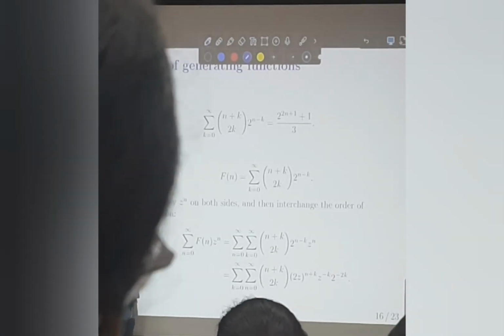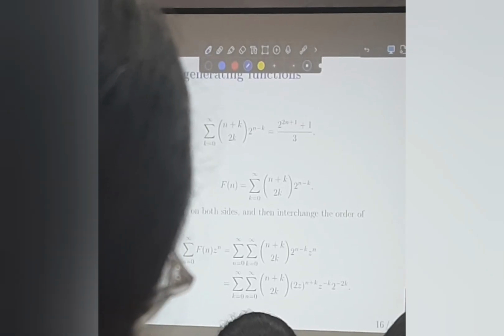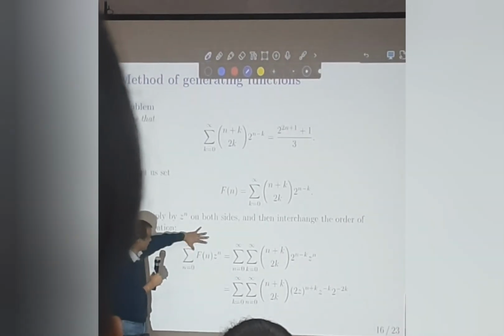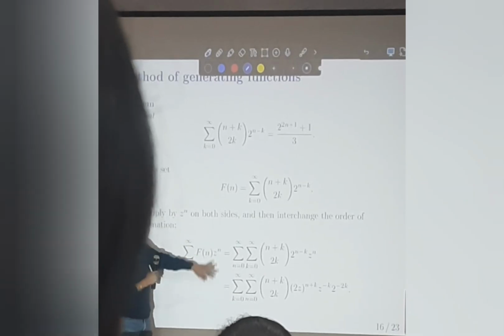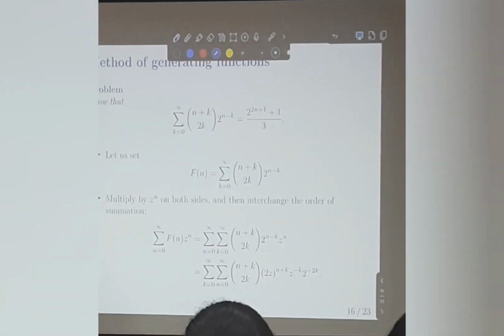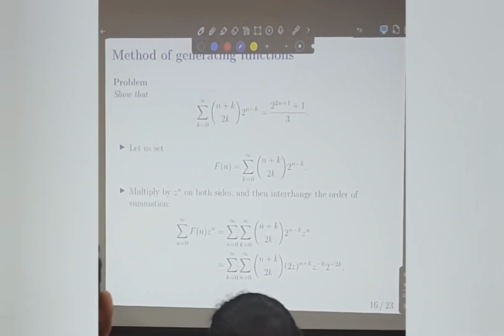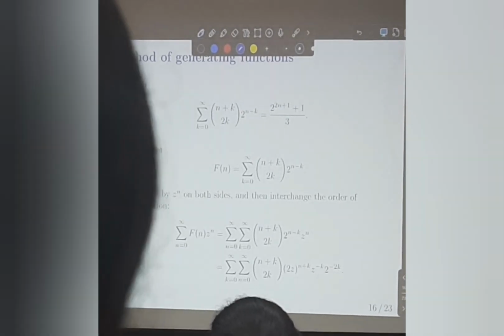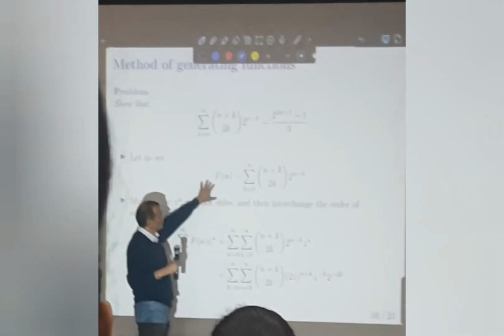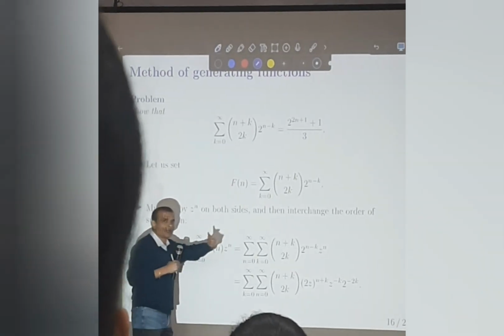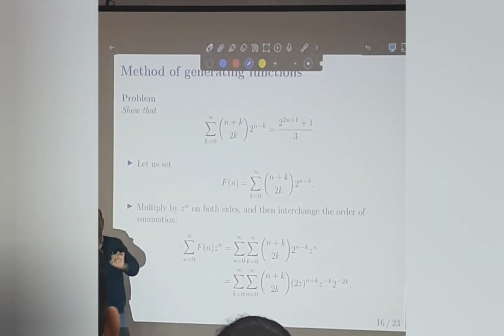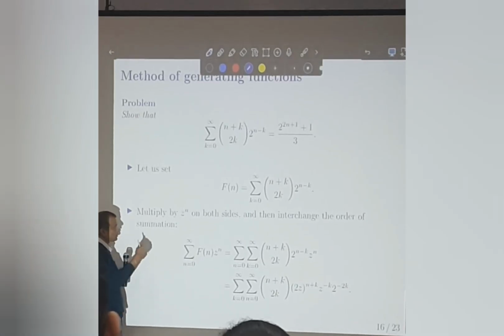My whole point is that after I have done a bunch of stuff, I'm going to just isolate this f of n. In other words, the theory is that finding this combinatorial term is going to be harder compared to finding the generating function associated to it. So what is the associated generating function?